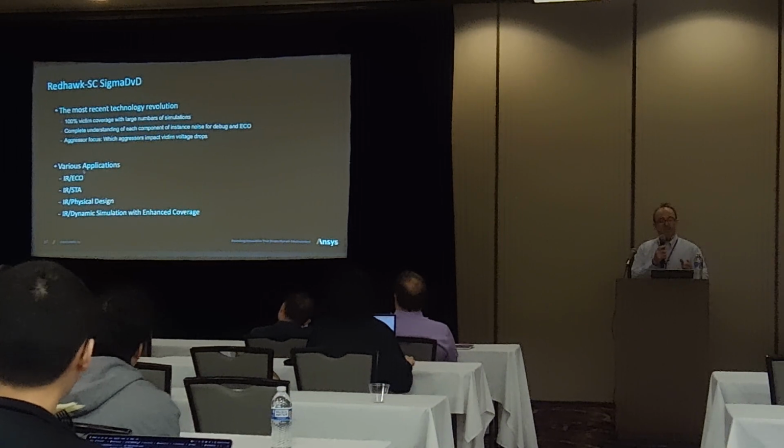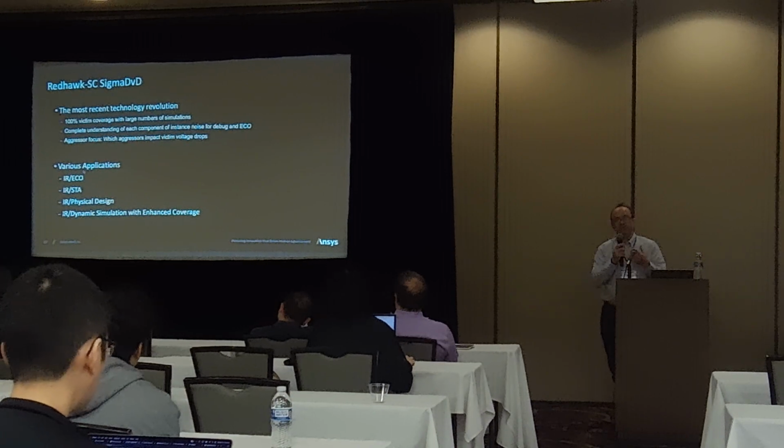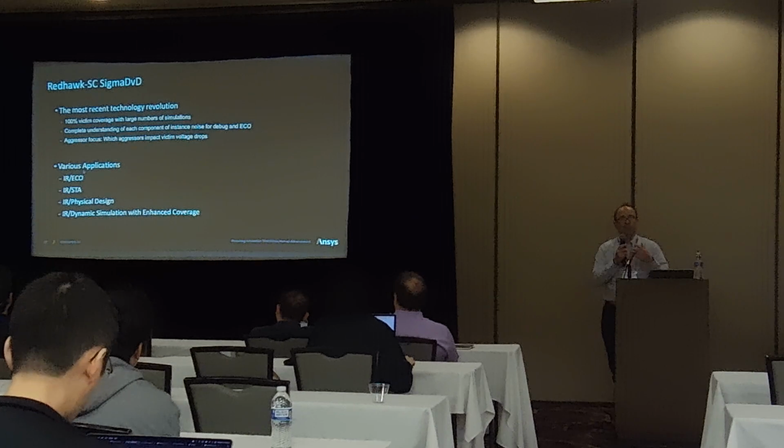We also have a good understanding of where this IR drop is coming from. Can we decompose it into multiple pieces? Can we find explainable error? Can we make sure it can be used in ECO, physical design, or other applications?